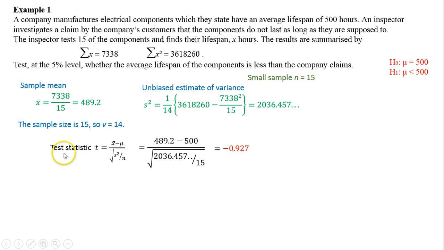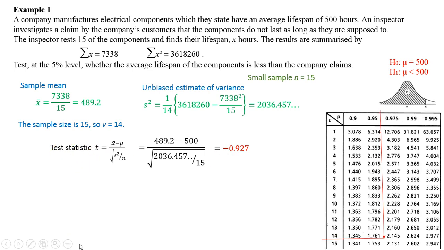Now that is our test statistic, t. We now look up the tables, and this is on table 7, unless it's on your calculator, and we are looking at 5%, one-sided, so it's the end 5%, so it's going to be 0.95 for x.